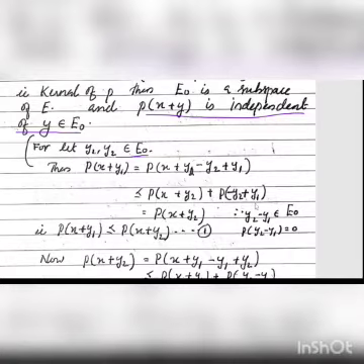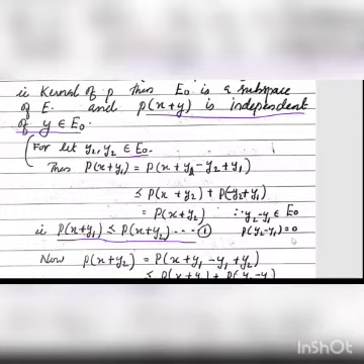Now this is nothing but P of y1 minus y2, and we are considering y1, y2 belonging to E naught. So this quantity is 0, and this reduces to P of x plus y2. So what we got now is P of x plus y1 is less than or equal to P of x plus y2. That's the quantity 1.